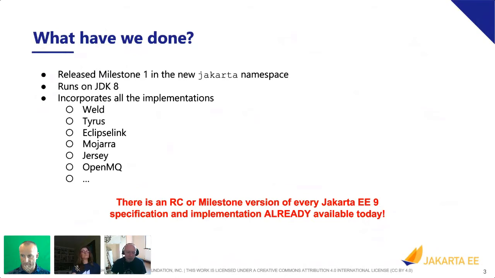That is available for download, and there's a download URL later. So you can use that now, download it, and you can run Jakarta EE 9 applications. Currently, it runs on JDK 8. And the next phase will be to get it running on JDK 11.